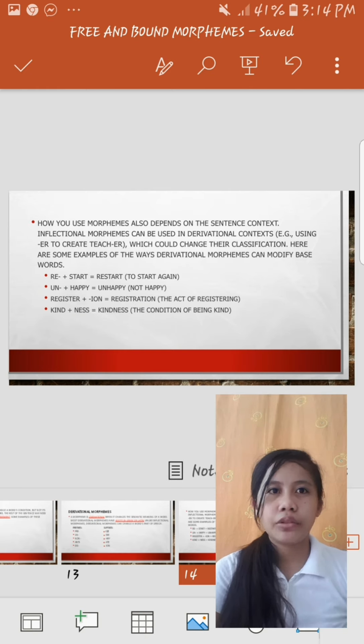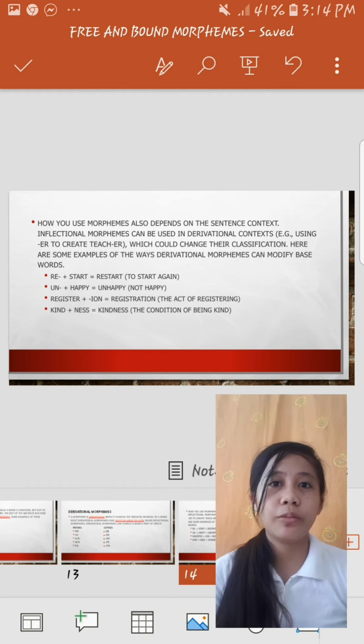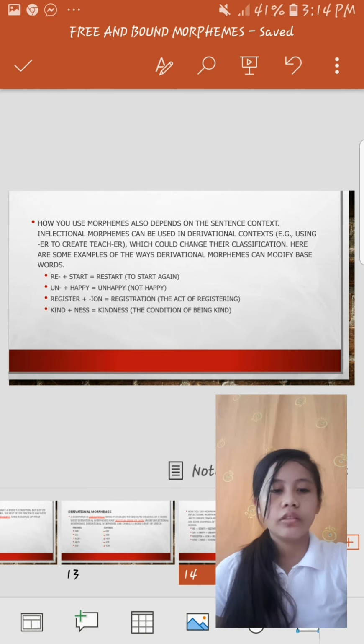Here are some examples also of the ways derivational morphemes can modify base words. So we have re plus start, which comes up in the word restart, which means to start again. Also un plus happy, we will have the word unhappy, which means not happy.